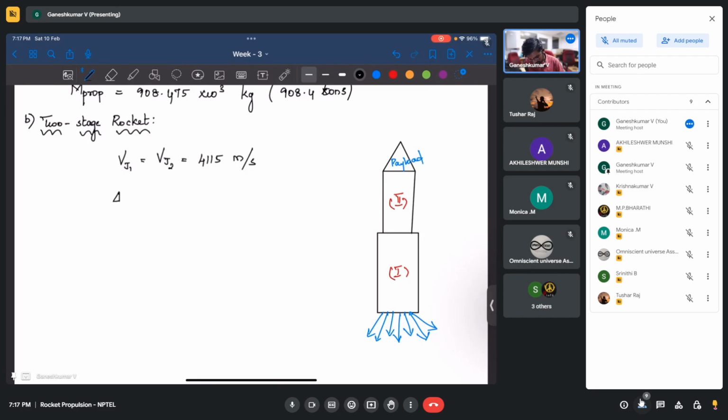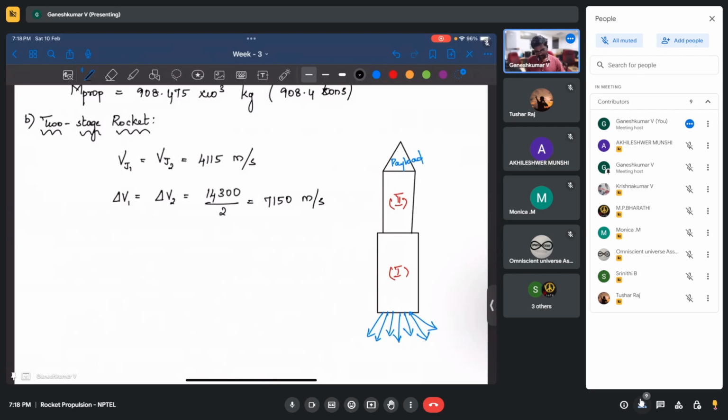So we can write delta V1 equal to delta V2 is equal to 14,300 divided by 2. So each stage is going to give me around 7,150 meters per second. So this is the delta V each stage is going to give me, and ultimately I'm going to reach delta V of 14,300 meters per second.